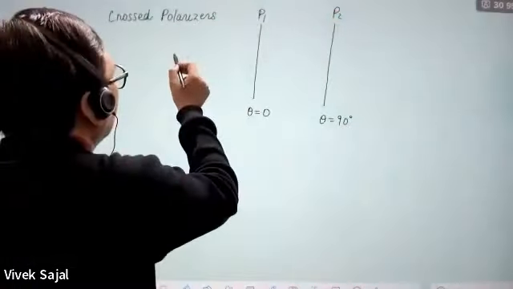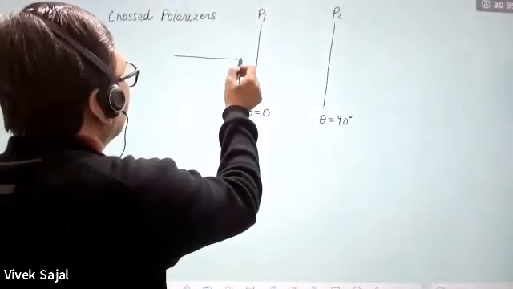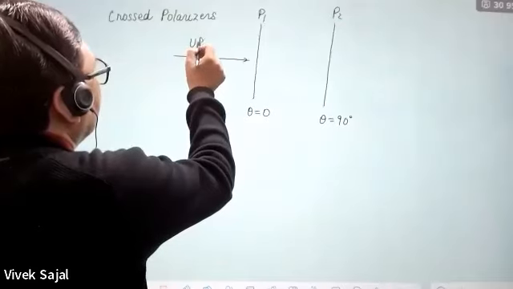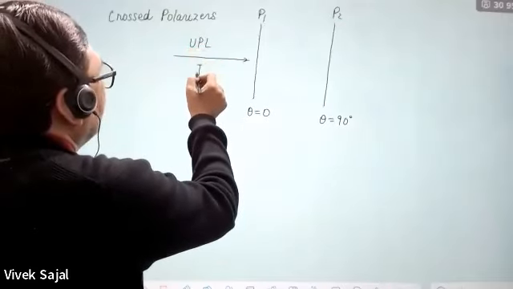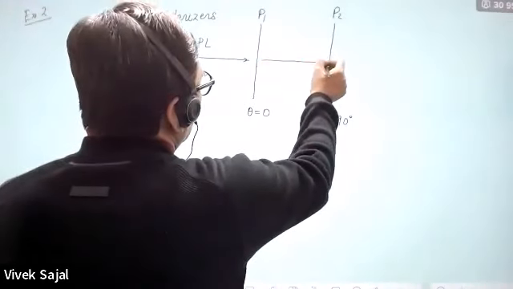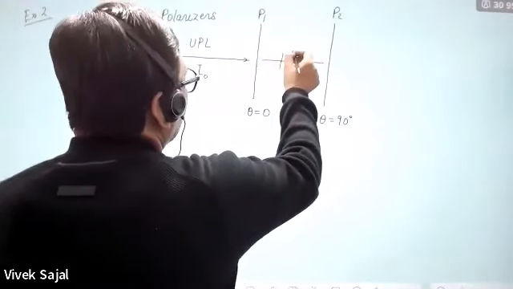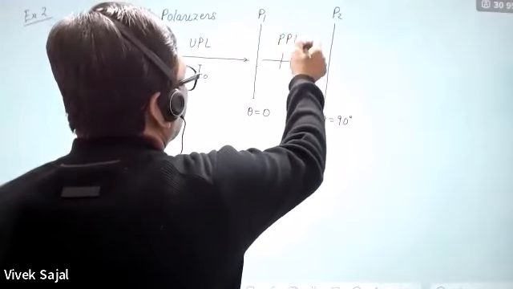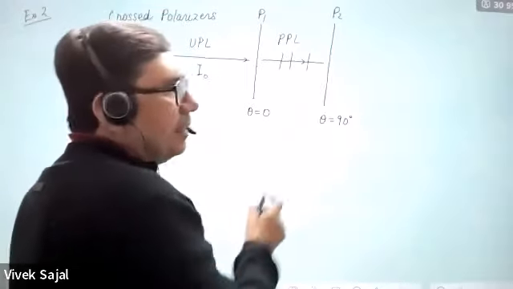So what is going to happen here? Try to understand, if unpolarized light of intensity I naught passes through it, then what you are going to have here is plane polarized light. Where will be its electric vector?